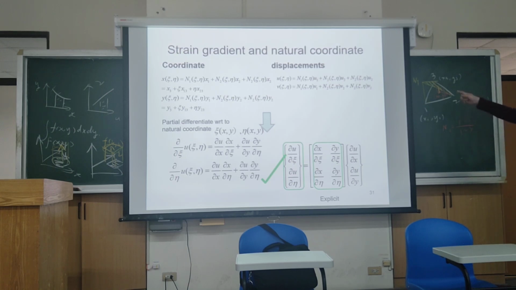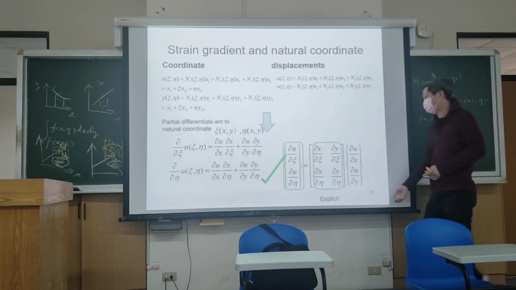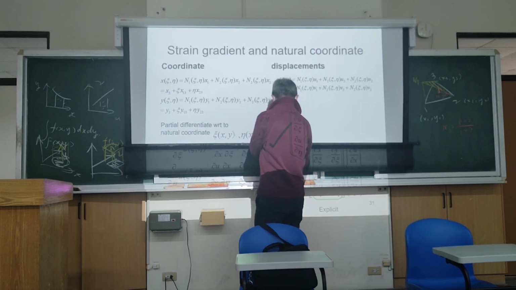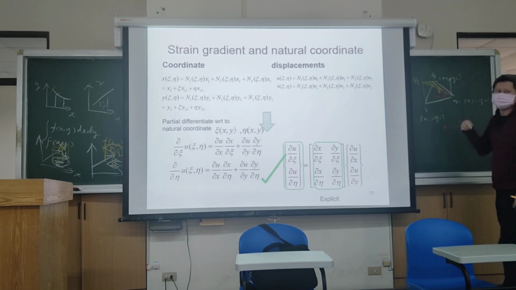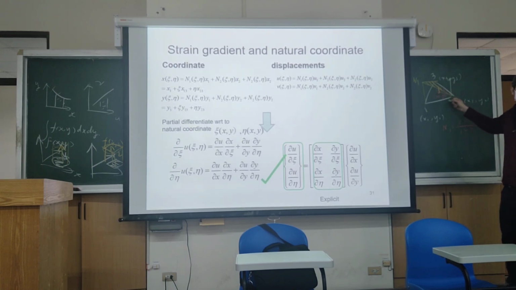Okay, so how about the other shape functions? If now I'm talking about n2, n2 is 1 at node 2, but it's 0 on the opposite end. So this point P should have a shape function n2 corresponding to the isoline, P13 divided by 123.